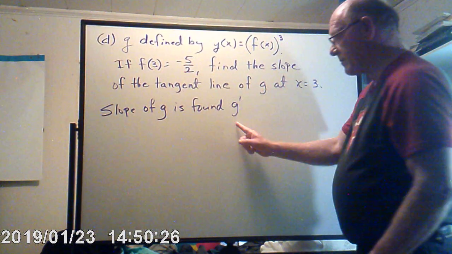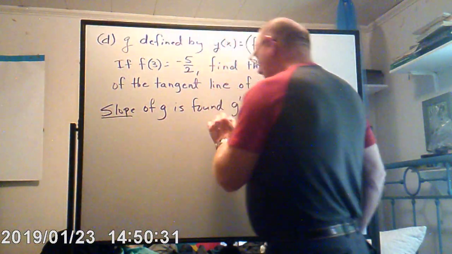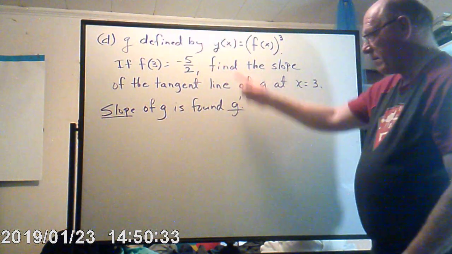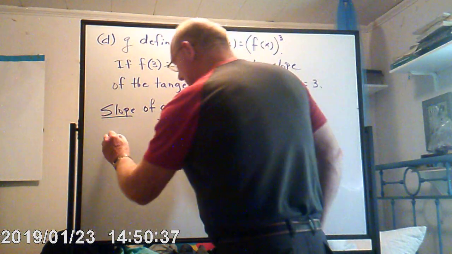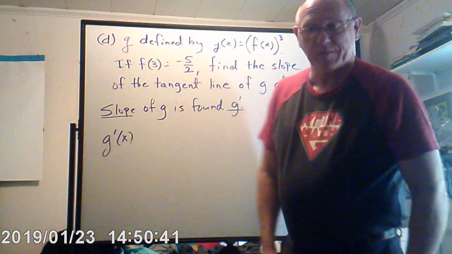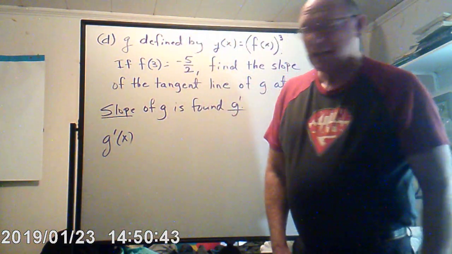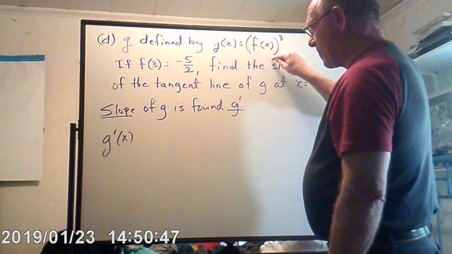We've got to take the derivative. Always remember, slope, the derivative. We got to find the derivative of this. Alright, well, let's do that. G prime, you know what this is an exercise of. You'll probably see it in just a minute. I'm not going to say what it is, but I'm going to let you decide. Okay?